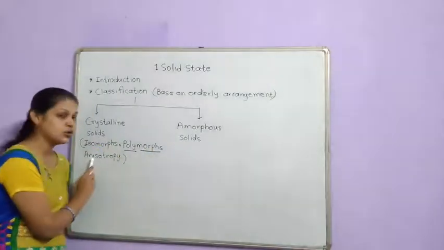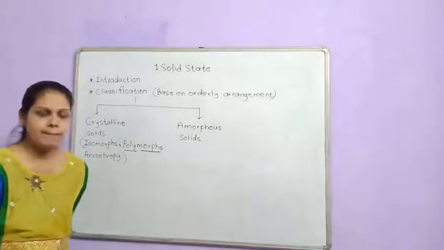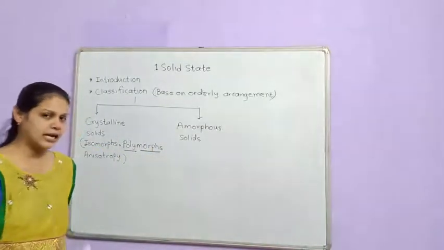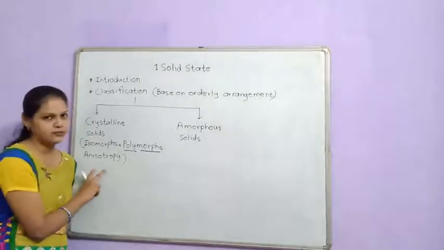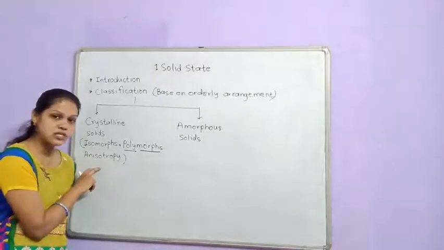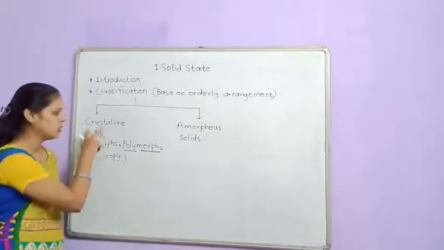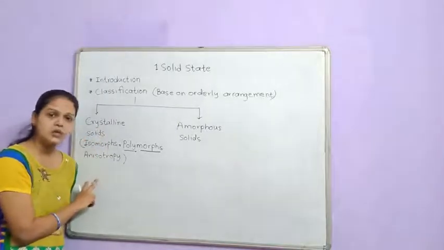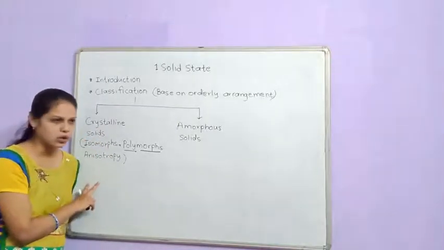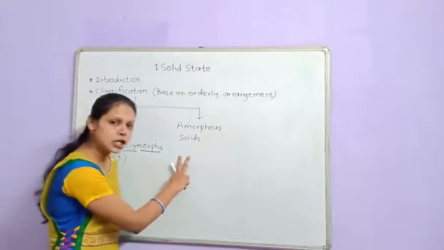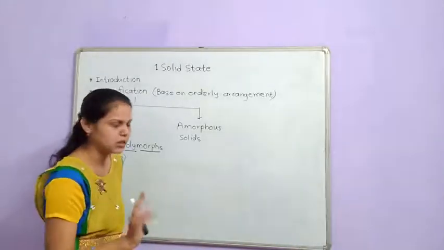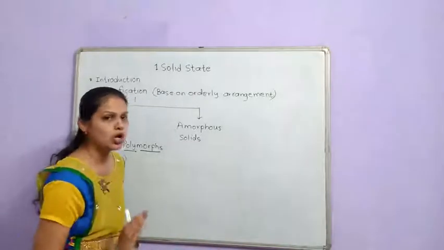In crystalline solids, if you check the same physical property in different directions, you will get different values, because the arrangement of constituent particles is orderly, and in amorphous solids the arrangement of constituent particles is not orderly.